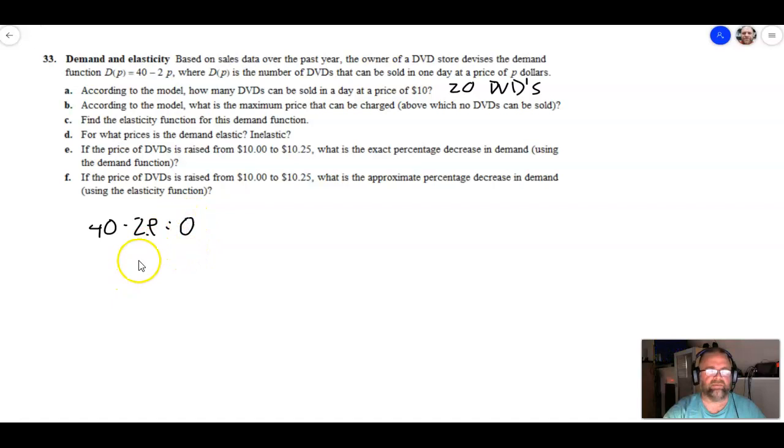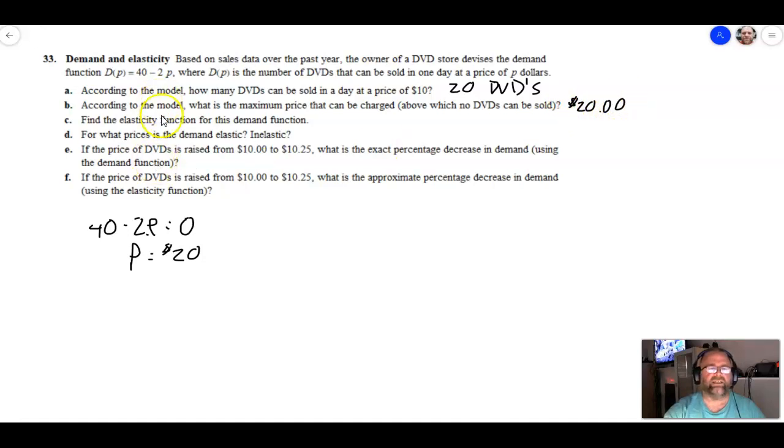Nobody would want to buy them. Solving for p, we end up getting p is equal to 20 bucks. So once a DVD costs $20 or more, you're not going to have a demand for them anymore. So that would be $20 there.